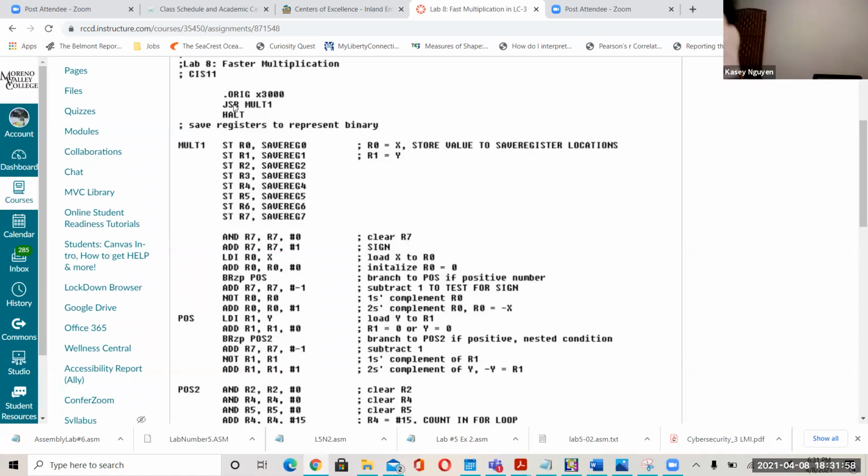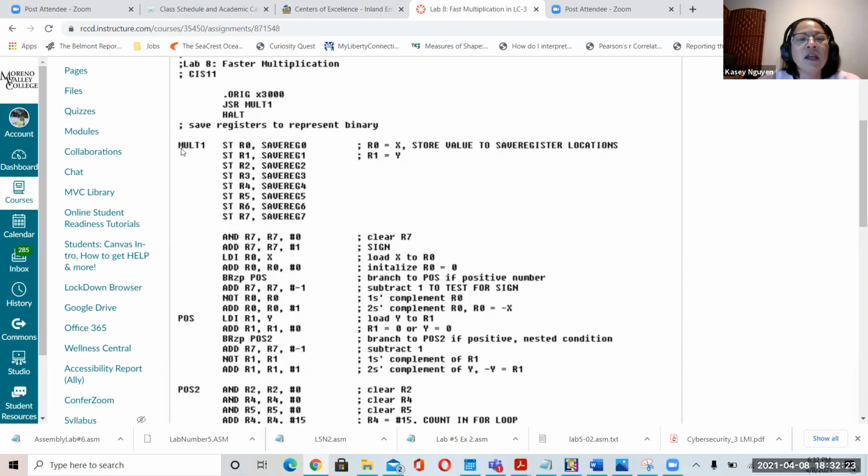Okay, and I have a section for save register. That would represent the binary. Like what we said earlier, we are going to use 1 register per bit. If you start with the store first, then you would do a load after.